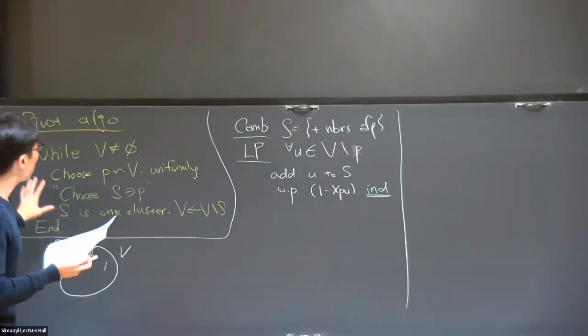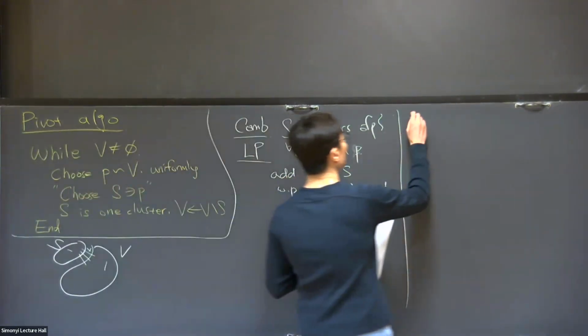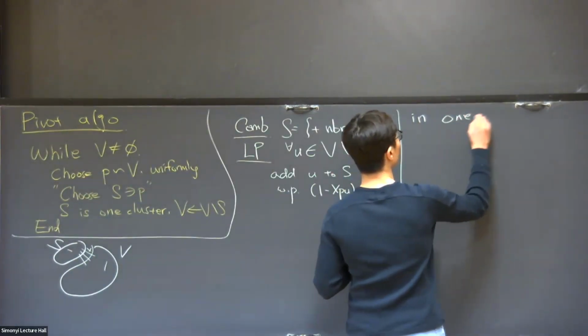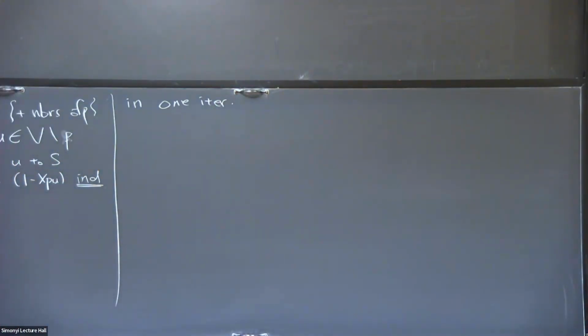Okay, so let's look at one iteration. Let me define this quantity, cost.